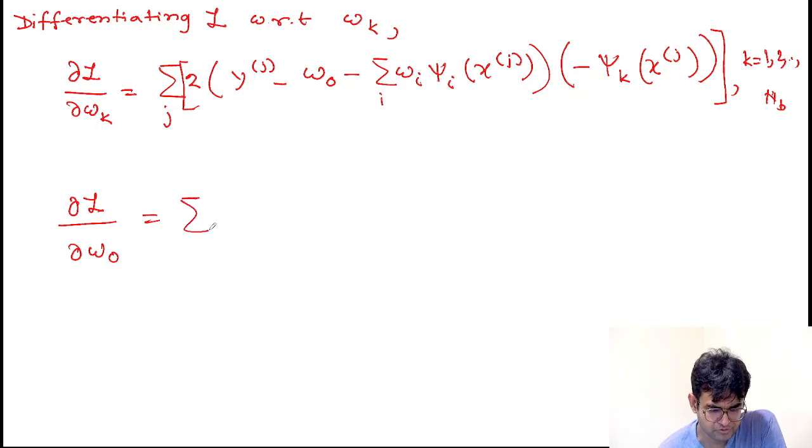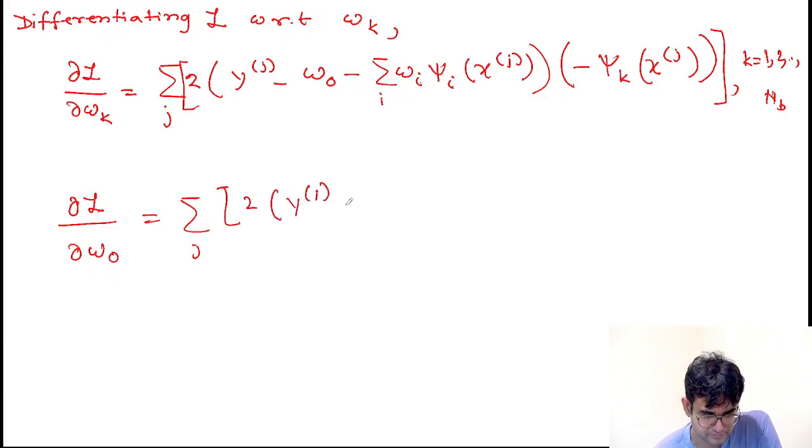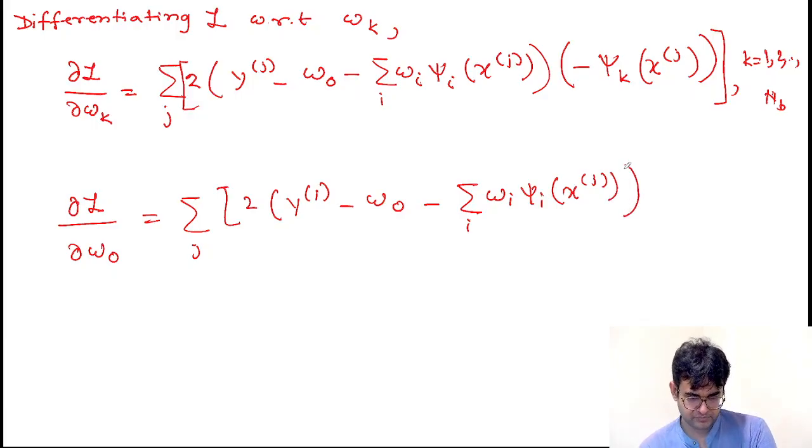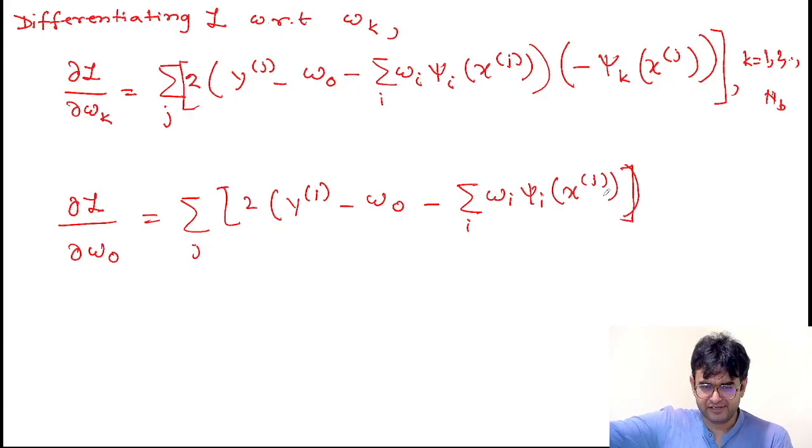The outside term will not be there, the rest will be the same: minus W naught minus summation over i of Wi psi i of x j. This was squared, so there should be a minus 1, but that minus will not matter. This will give you one more equation, correct?